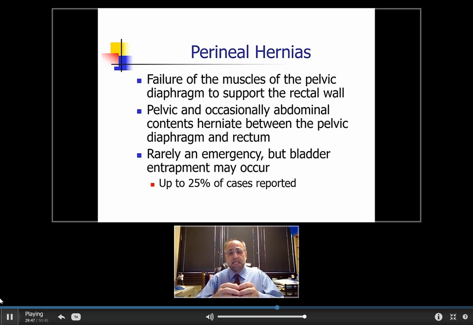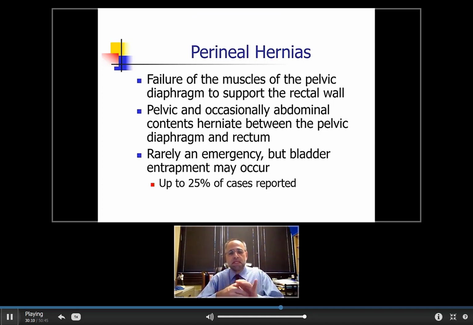And if that's the case, then that may necessitate more of an urgent surgery than if it's just fat that's herniated through there. What owners will sometimes note is that the hernia is large, and then after the patient urinates, the hernia gets smaller, and then through the day it seems to get bigger again, and they urinate and it gets smaller, and that's an indication that the bladder may be in the hernia.